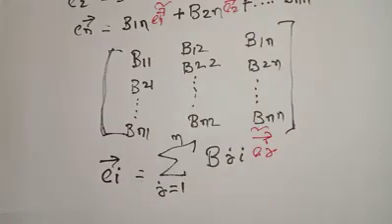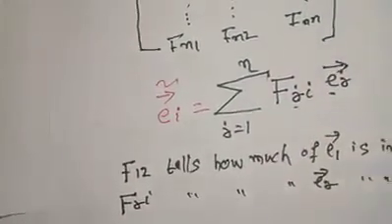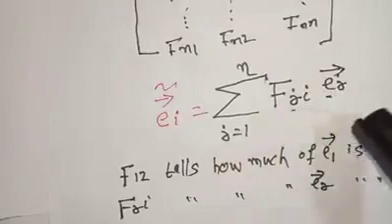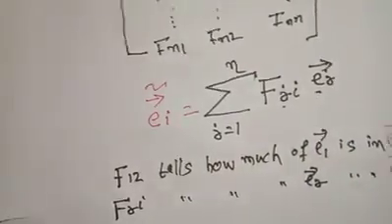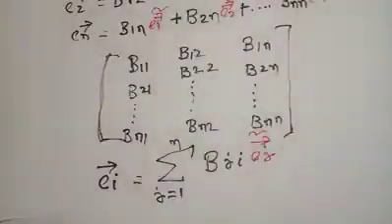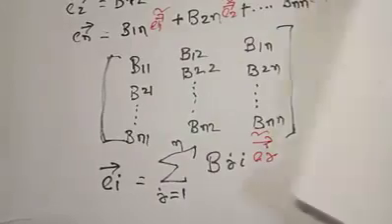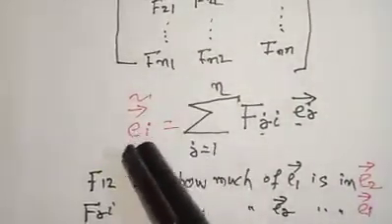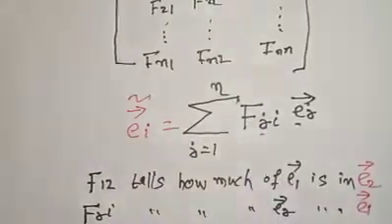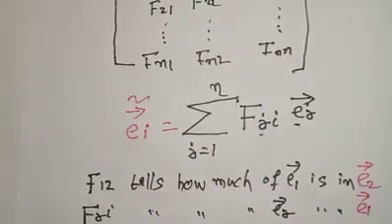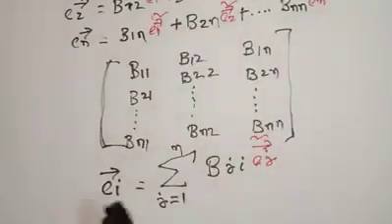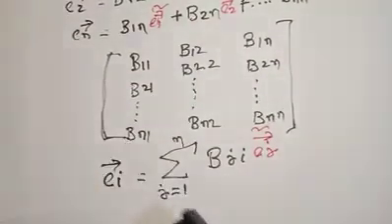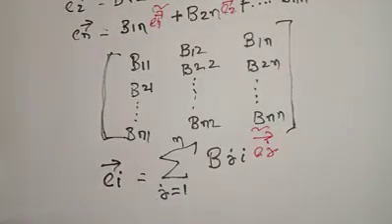If you see the previous one, what we have done is this one: ei tilde equals to sum of fji times ej, which is, we put an arrow over that, and it's the same. So you see, if I put this side by side, this one, the red one, we have found from the forward transformation, and in the backward we have found this part remains here, and this is the backward transformation, so it summarizes the entire part.